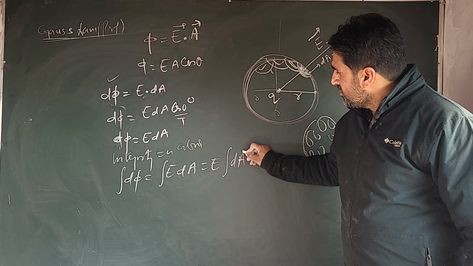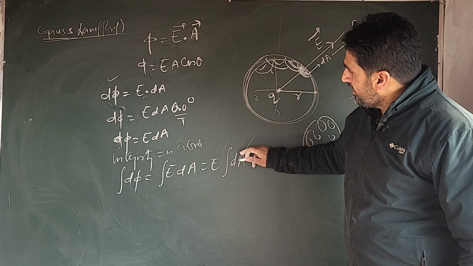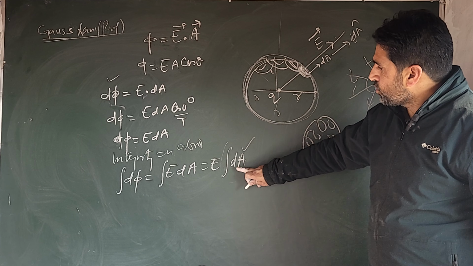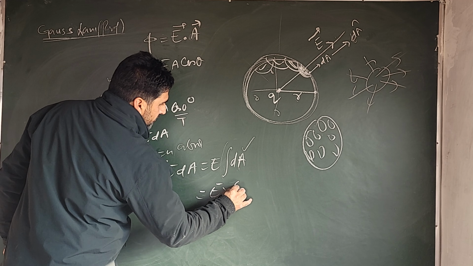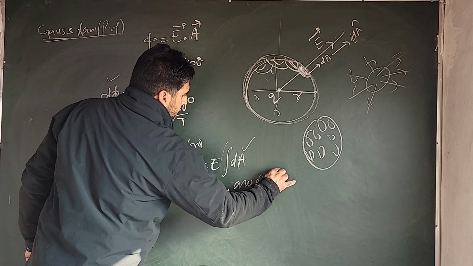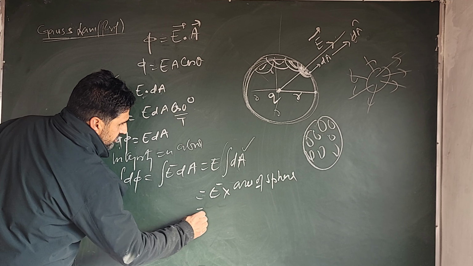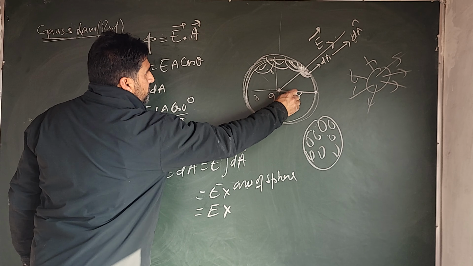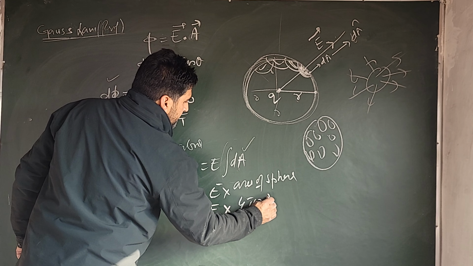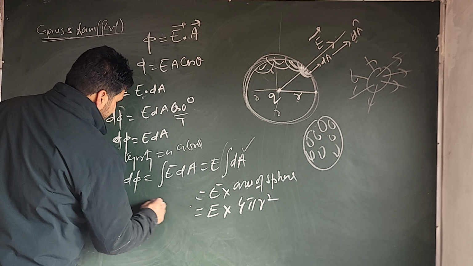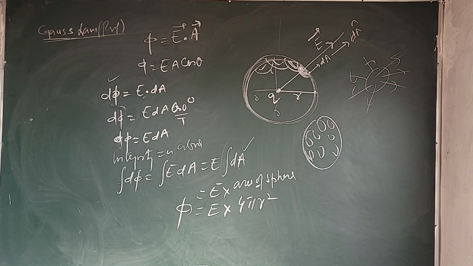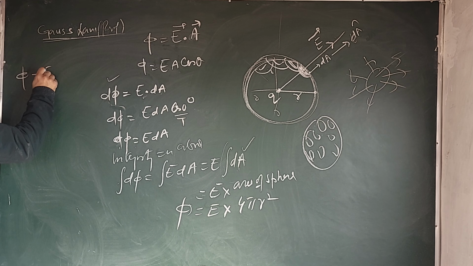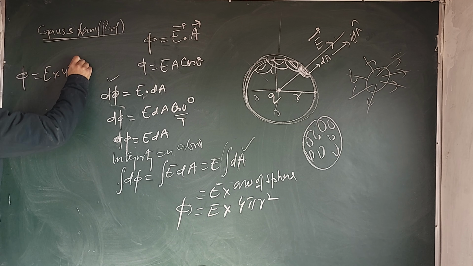So integral dA gives the total area of the sphere, and this portion gives E into the area of the sphere, which is 4 pi r squared. Integral d phi is phi. So you get phi is equal to E into 4 pi r squared.